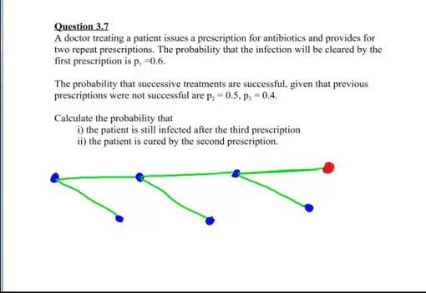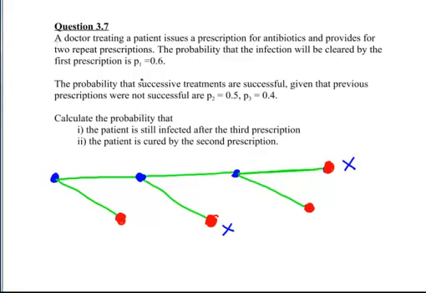Actually, I'm going to use red dots to indicate all these possible final outcomes, just to make it a bit clearer. So the patient is still infected after the third prescription, that's this one here. And the patient is cured by the second prescription, this one here. Specifically, I mean cured by the second treatment in particular, not that the patient was still sick after the second treatment, although we could actually answer that as well.